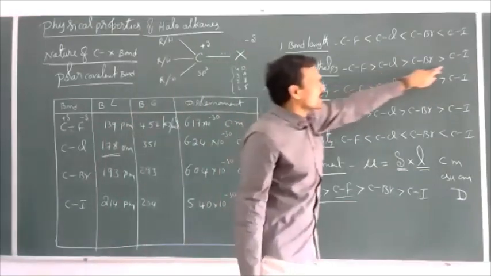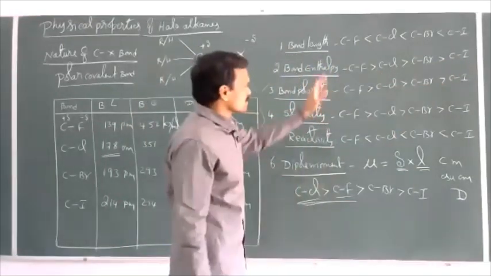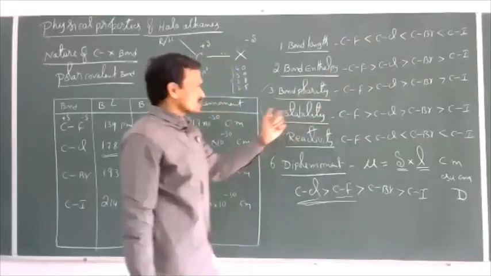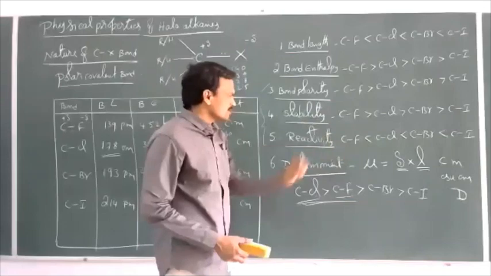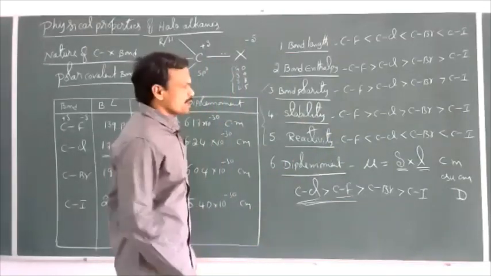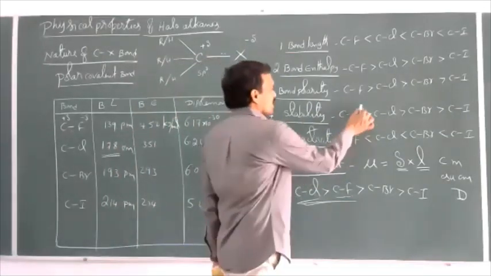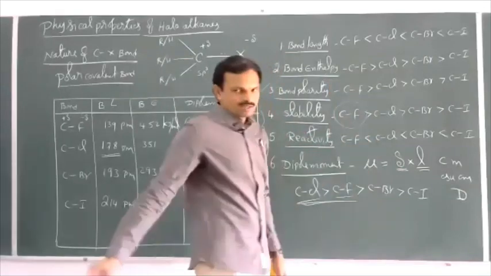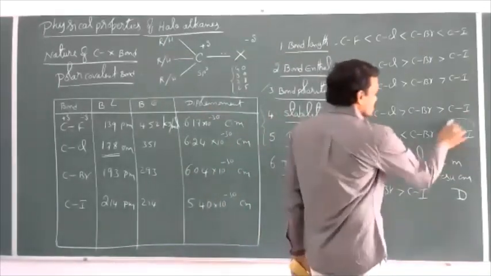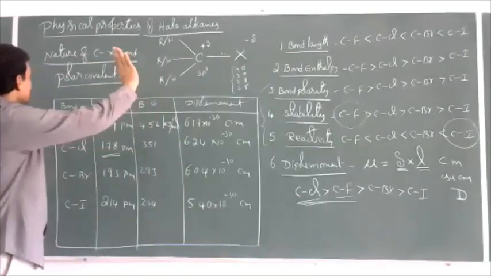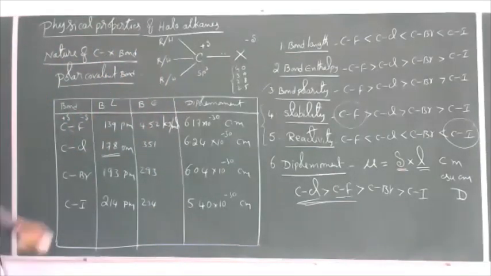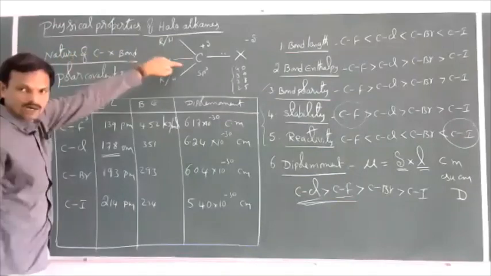Since bond enthalpy decreases from top to bottom, that is from C-F to C-I, stability decreases and at the same time reactivity increases. So among the haloalkanes, the most stable are fluoroalkanes and the most reactive are iodoalkanes. This is regarding some characteristics of the C-X bond.